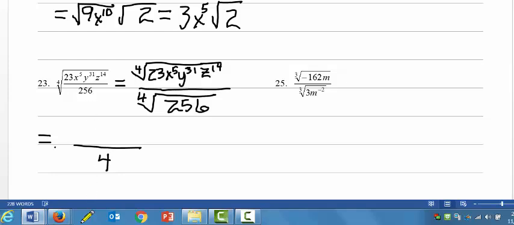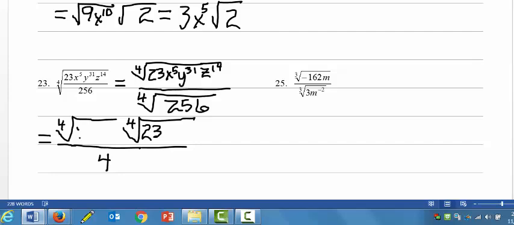And now I'm going to simplify the numerator radical by writing it as the product of two fourth roots. The first fourth root is going to be the fourth root of perfect powers of 4. So I'll put all the perfect power of 4 factors in the first radical. 23 isn't a perfect fourth power, nor does it have any factors that are.